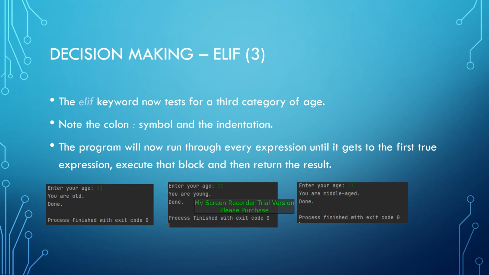Okay, so the program will now run through every expression until it gets to the first true expression. So it will only execute the first true expression and it will ignore the rest of the expressions, no matter if they are also true. As we just saw with the age of 60 being greater than 30, it only ran the first true expression and ignored the rest, even though that was not what we really wanted to do in the program.